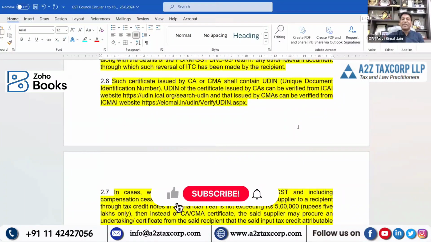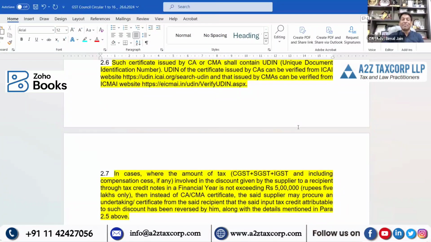Such a certificate issued by a chartered accountant or CMA shall contain a unique document identification number, which can be cross-checked and verified from the ICAI website portal, and that URL is being given. And for CMA, the unique DIN number can also be checked from their CMA website portal.